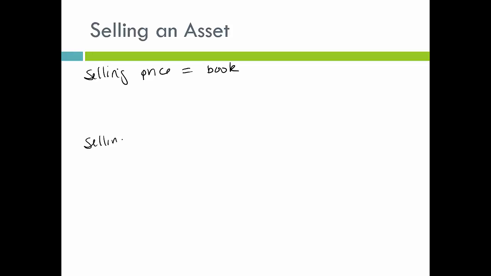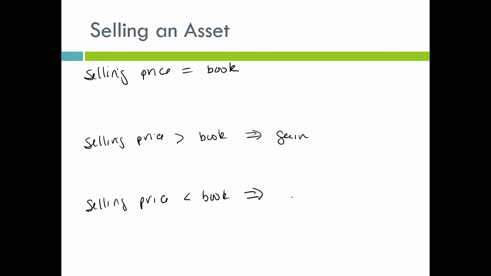The selling price is greater than the book value, which means I have a gain, or the selling price is less than the book value, which means I have a loss. It has to be one of those three situations. If I'm selling it for exactly the book value, I will debit cash, because somebody paid me for this.